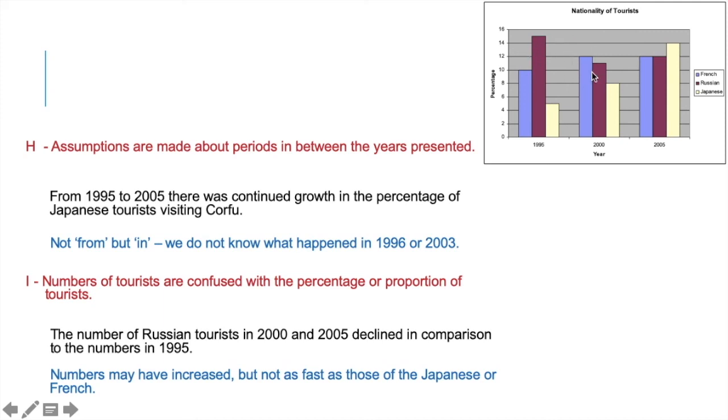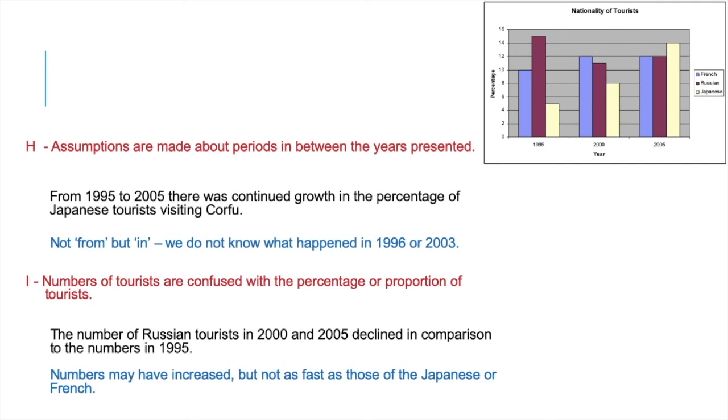So, although this has declined, maybe the number of tourists from Russia actually increased by, say, 1,000. It might have increased by 1,000 here, and it might have increased by 1,000 here. However, we can only say proportion because maybe the number of French tourists increased by 10,000, or maybe the number of Japanese tourists increased by 50,000.